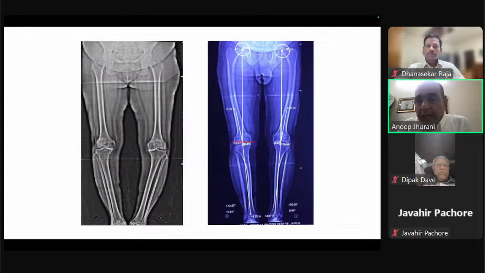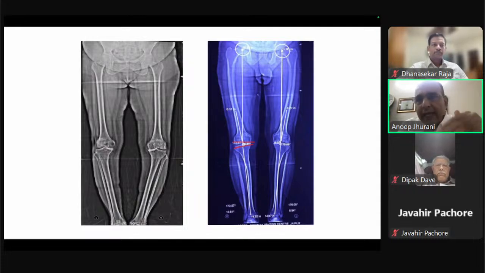Now, what you do exactly, if you see here, if you cut perpendicular to the mechanical axis, you're creating a trapezoidal gap. The gap is not actually trapezoidal. We are creating it. It's iatrogenic. And all the medial tightness is not there in the knee, but it's created by us by cutting perpendicular to the mechanical axis and then doing all the medial release.